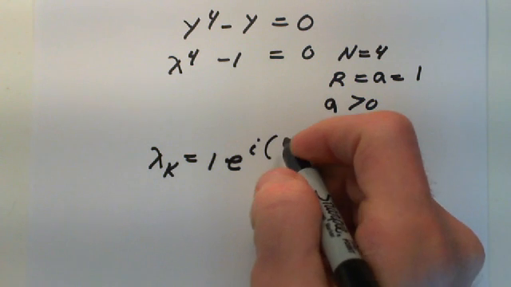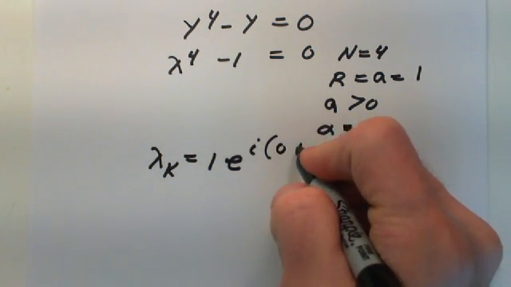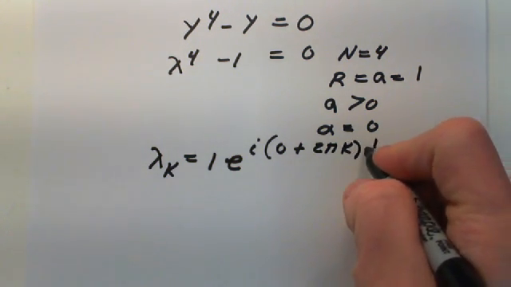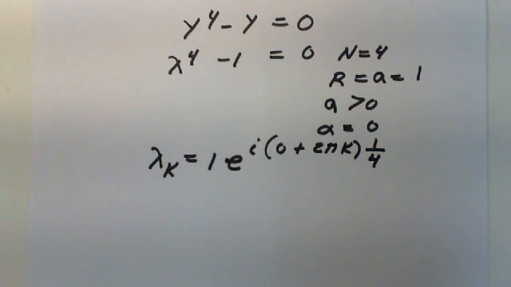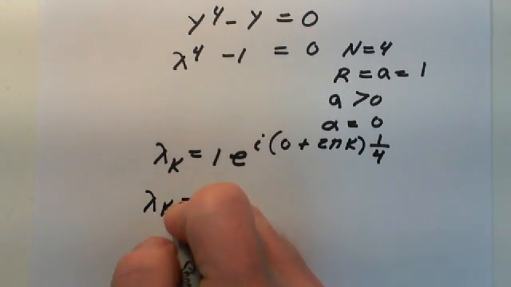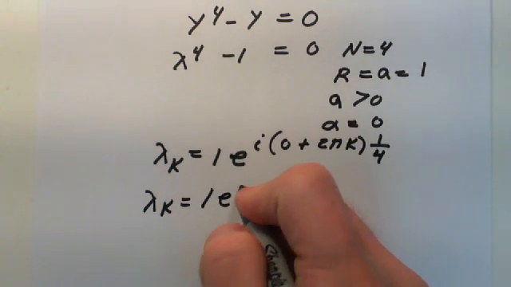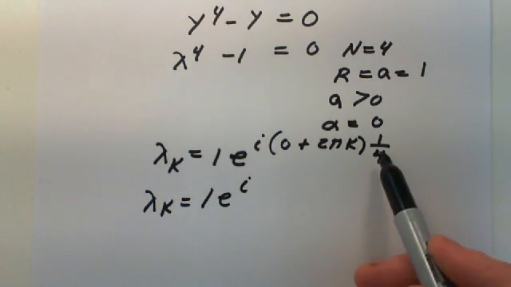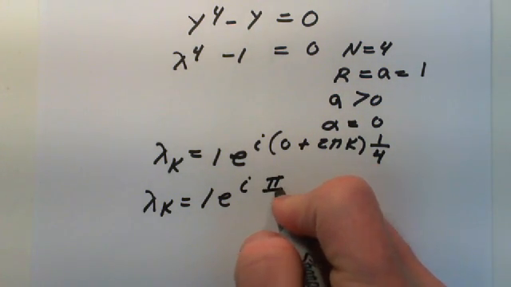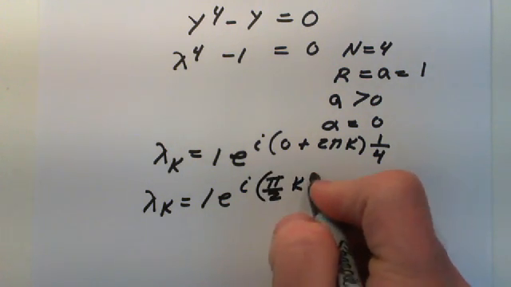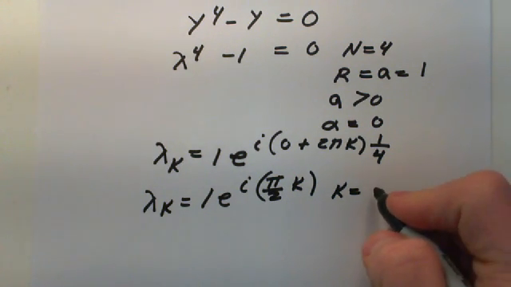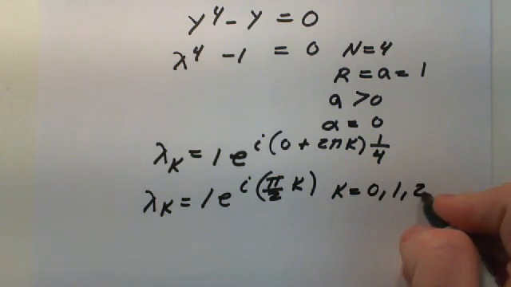In parentheses, we're going to have 0 plus 2 pi times k times 1 over 4. Okay, we'll go ahead and simplify that. Lambda k is going to equal 1 times e to the i, and now since we have 0, we'll simplify that. That's going to give me pi over 2 k. And we also know that k is going to stop at 3, so that means k is going to equal 0, 1, 2, and 3.